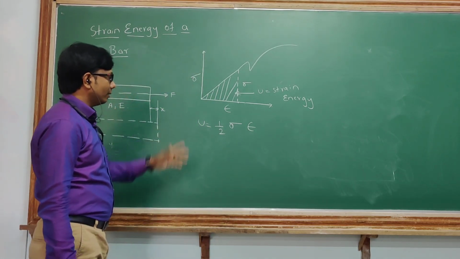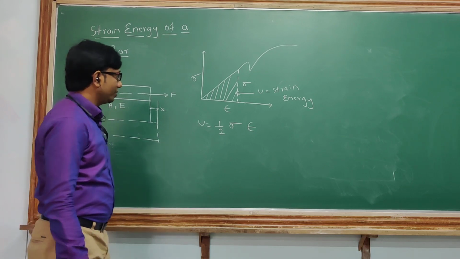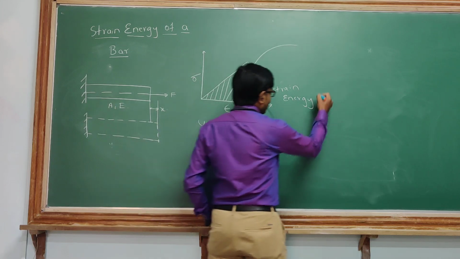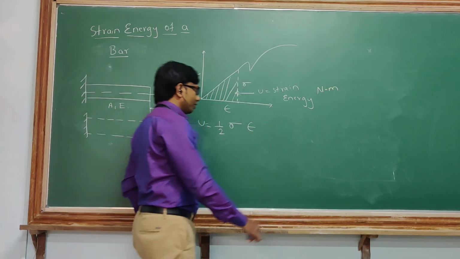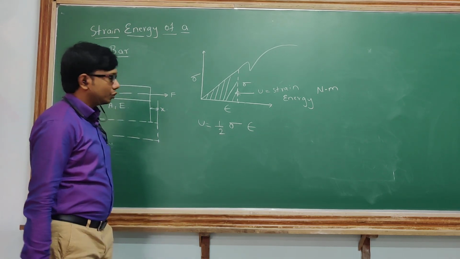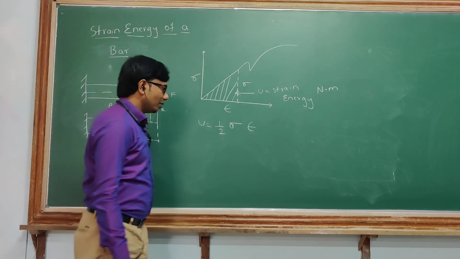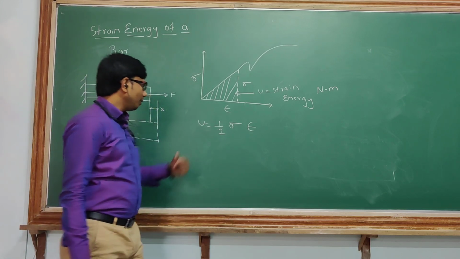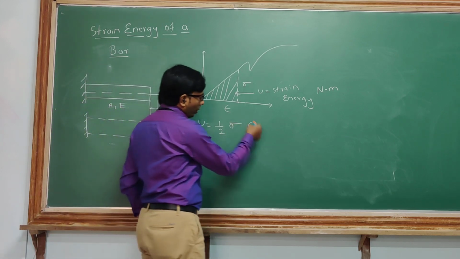Just imagine what the unit of strain energy or energy is. Basically strain energy is given as Newton meter. Whenever you are writing any equations, it should be balanced, so you have to check whether it is balanced or not. If you see this particular equation, it is sigma into epsilon.